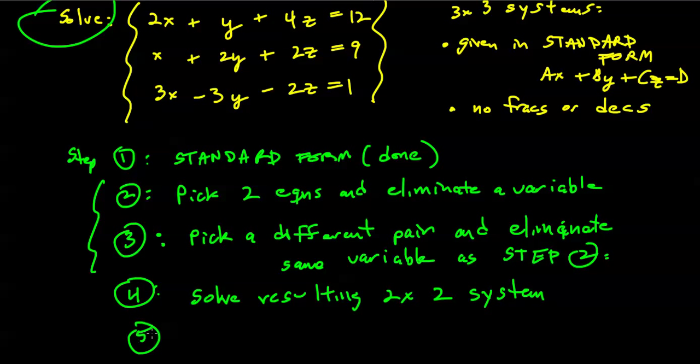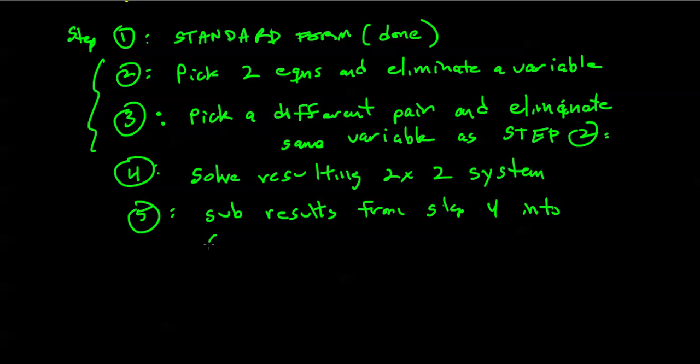Step 5 is to find the value of the third variable. We can substitute the results from step 4 into any of the original equations and solve for the third variable.